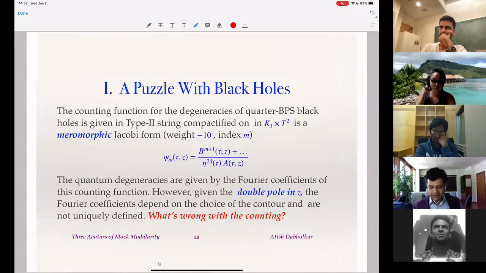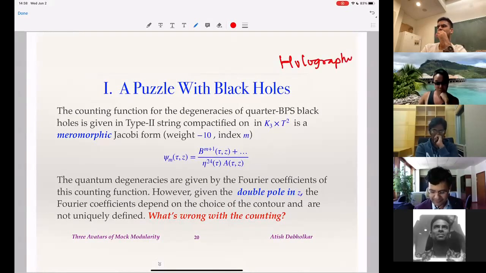So this has to do with holography. This is my first avatar. And holography, as you know, is related to black holes. As you know, the black hole has some entropy. And by the Boltzmann relation, the entropy of a black hole should be the logarithm of some number, which is essentially the dimension of some Hilbert subspace of the quantum system that describes the black hole.